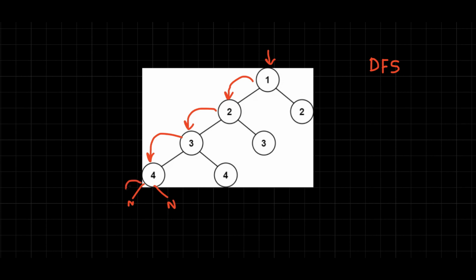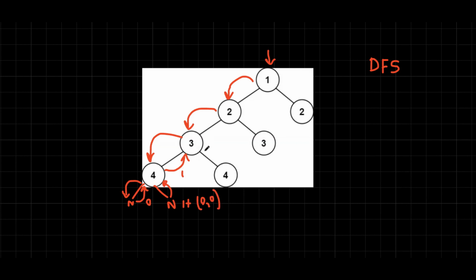So here, we call the DFS function on null and it returns 0. Because if node 4 is the root, its left subtree depth is 0 and its right subtree depth is also 0. And it will return 1, which is the maximum of 1 plus 0 and 0.